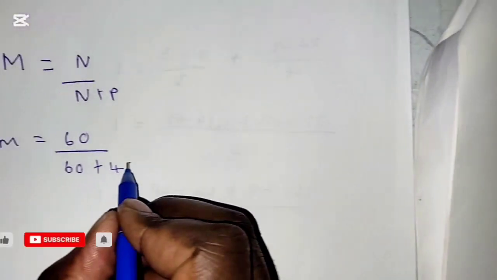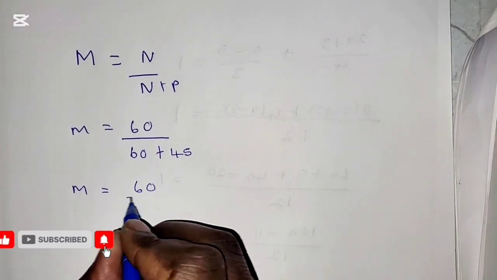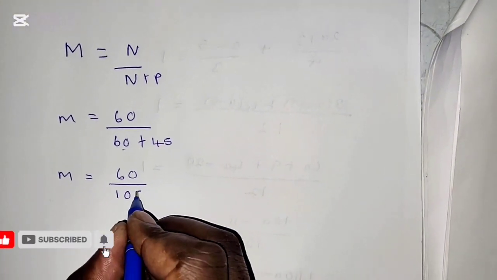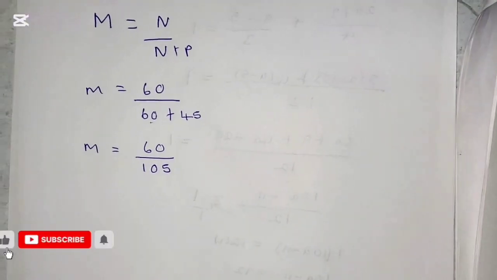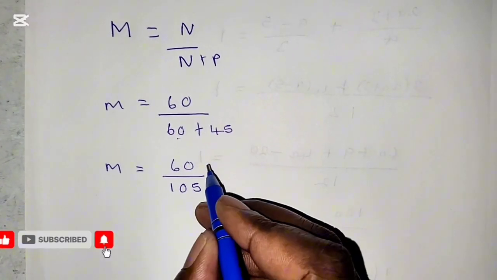So we're going to say m is equals to 60 over 60 plus 45, which is 105.